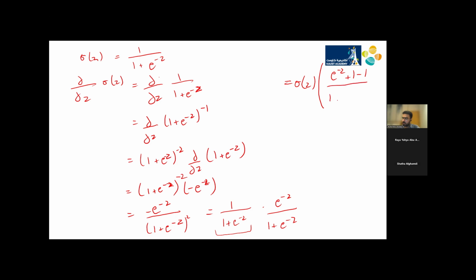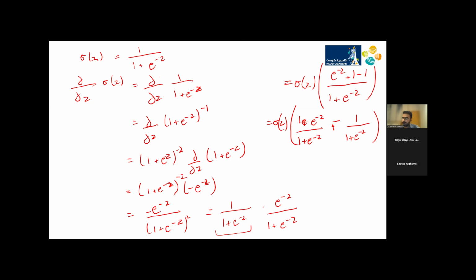So now it would be 1 plus e to the power minus z, right? We break this down again into two separate fractions. So it would be 1 plus e to the power minus z divided by 1 plus e to the power minus z, minus 1 by 1 plus e to the power minus z.